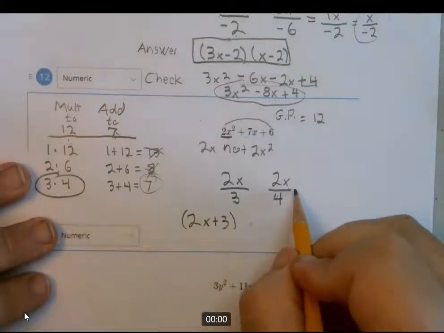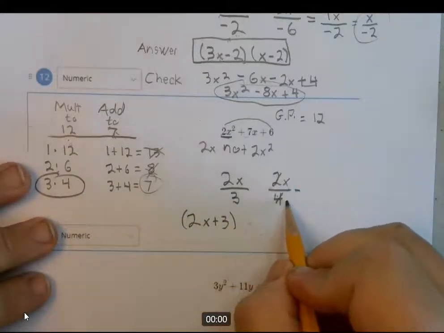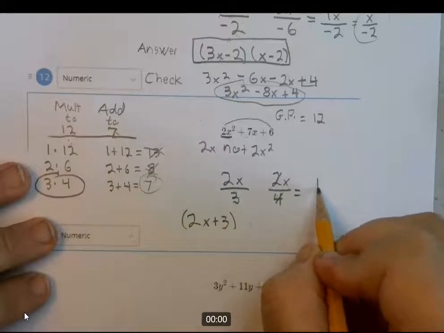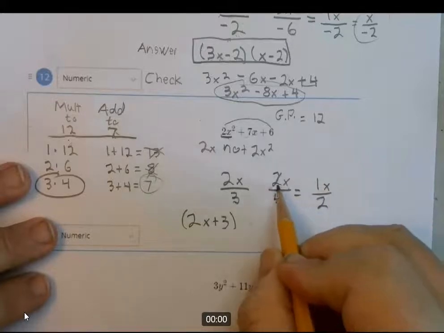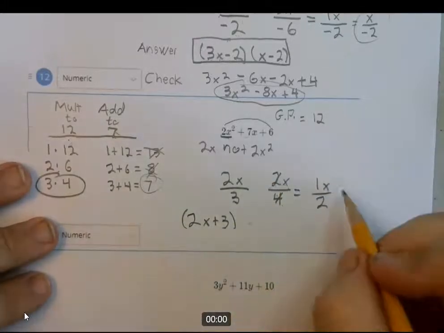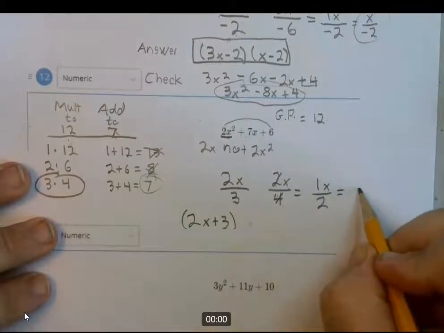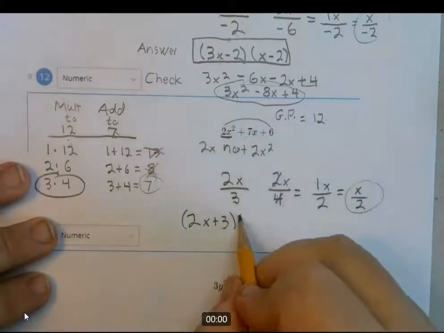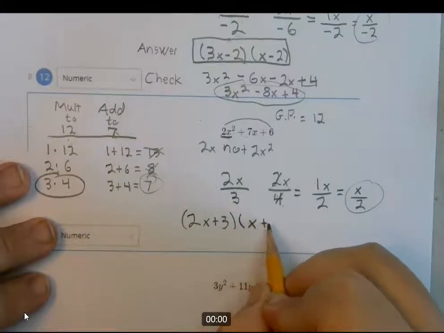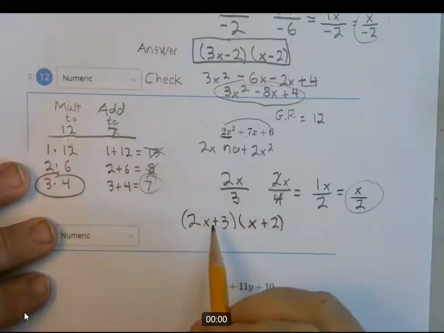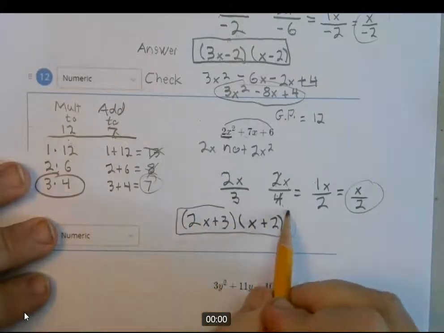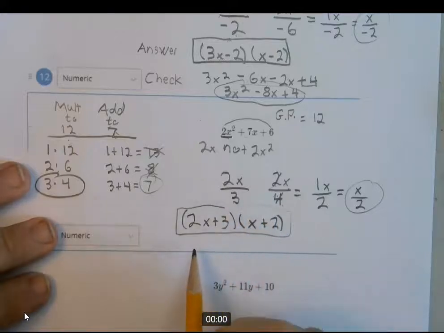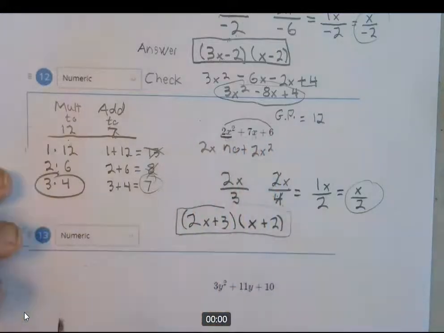Now 2 over 4 cancels. So that becomes 1x over 2. It just reduces down. 2 over 4 equals 1 over 2. And of course, you don't need to write the 1, so it's x over 2. So that's going to be turned into our other binomial, x plus 2. And that's the answer. And if you want to check it, you can FOIL it out, and you should get back to this, okay?